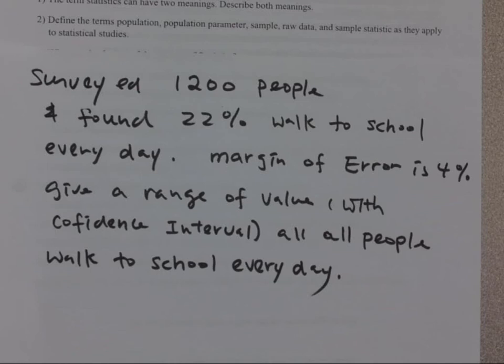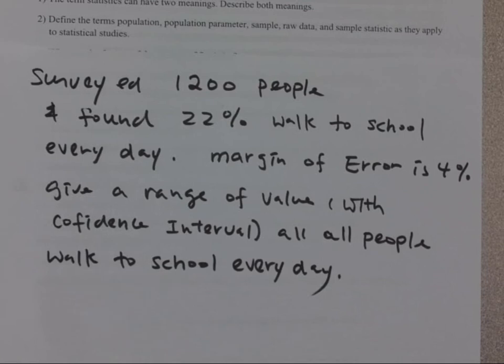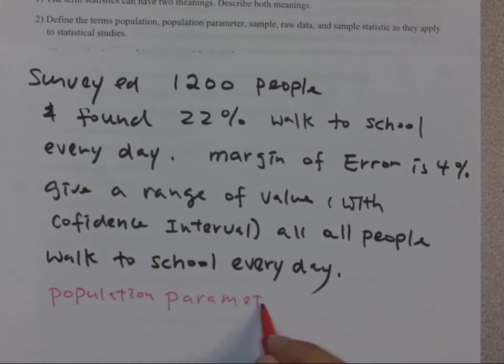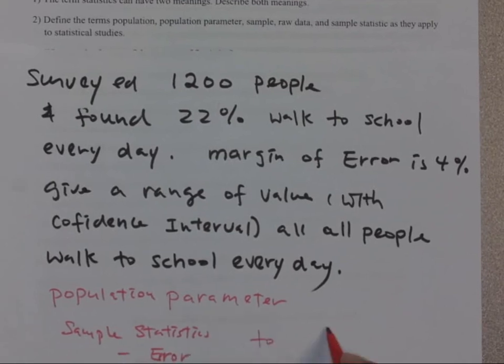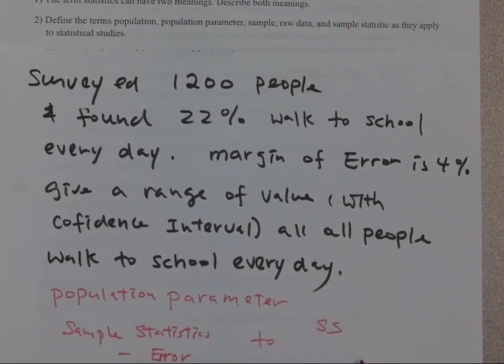And then what would be the population parameter? We are going to need to calculate, right? So the population parameter, we will calculate how? You use your sample statistic minus your error, I heard, okay. And then use your sample statistic to add your error.